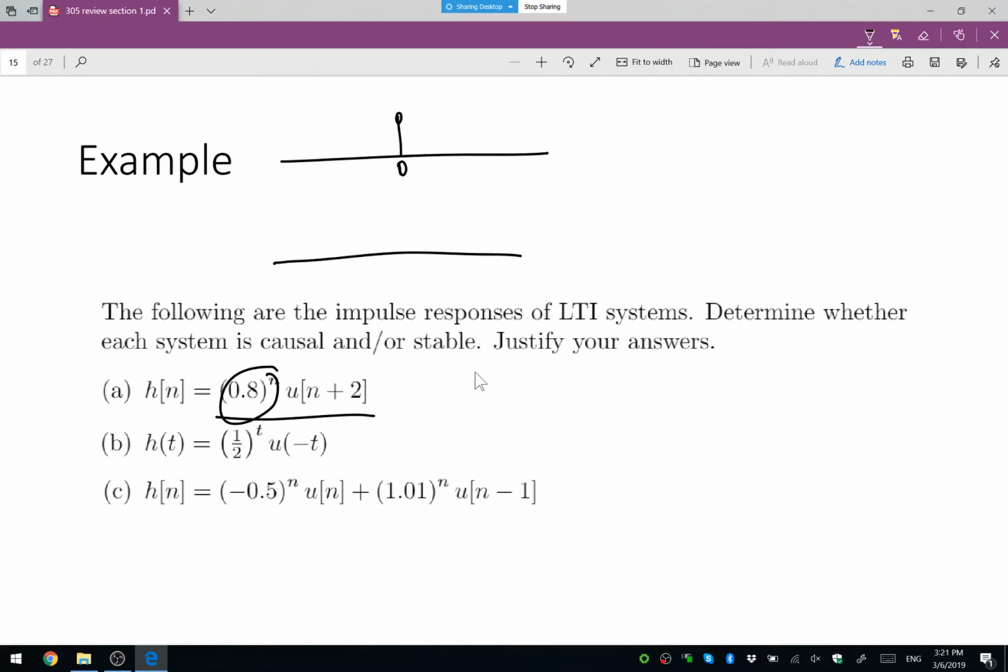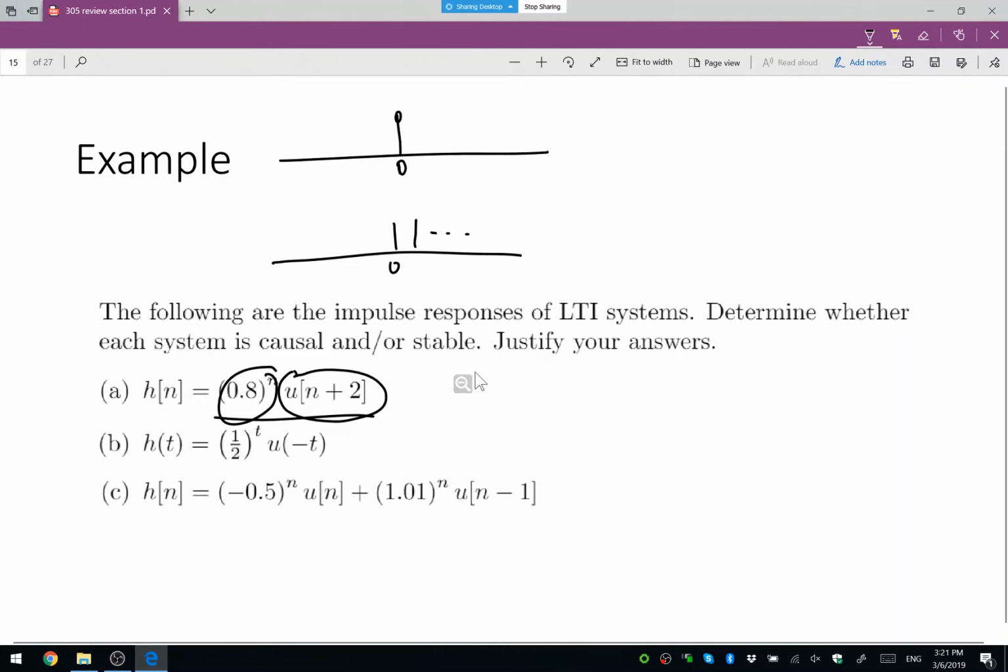Then we try to find the non-zero area of u[n+2]. u[n] starts from 0, and u[n+2], as plus is shifted to the right, should start from 2.